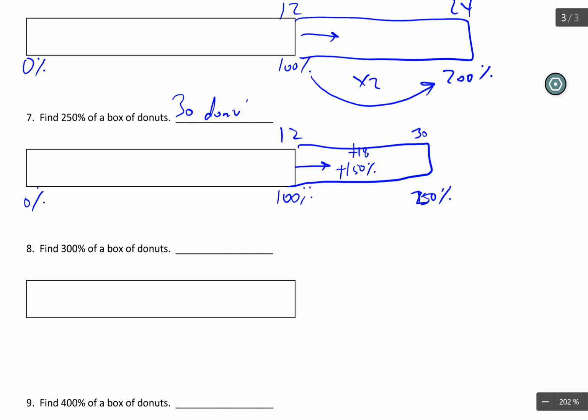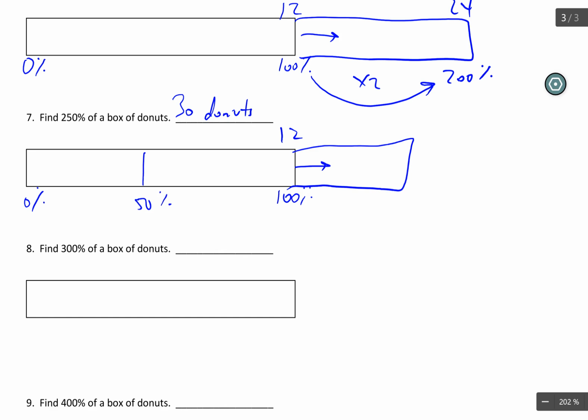The other way is first go to my 50. So I'm going to erase some of this so we can do it the other way. First go to my 50. To do that, I divide by 2. Do the same thing here. That gives me 6.